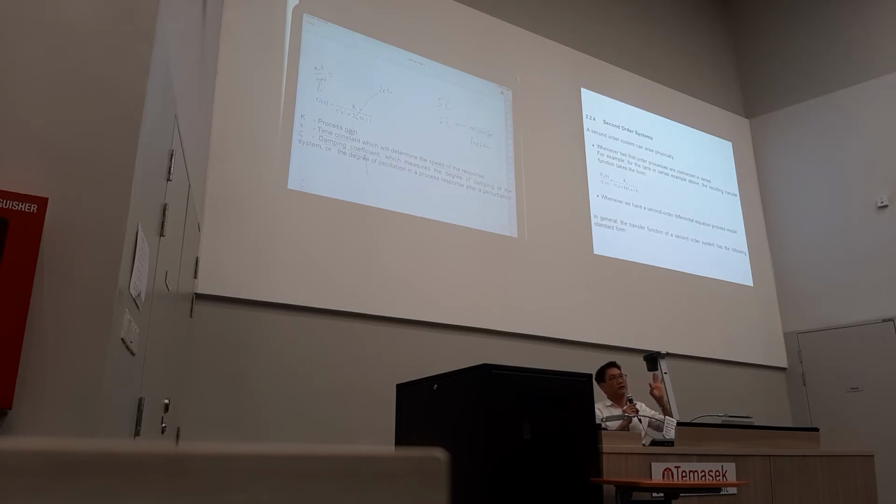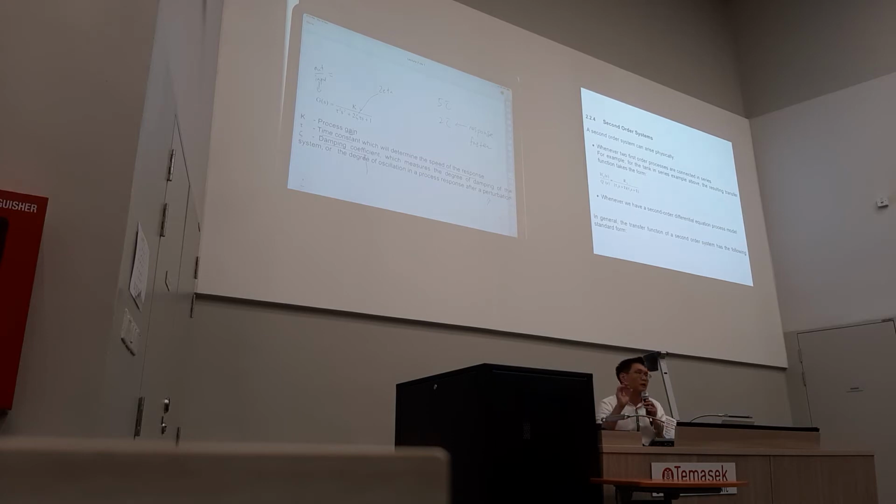There are three cases of damping coefficient that we will need to study: more than 1, between 0 and 1, or less than 1. We will look into that later. But just bear in mind, the damping coefficient only happens in second order process control, and it measures the degree of oscillation of the process response after a perturbation.